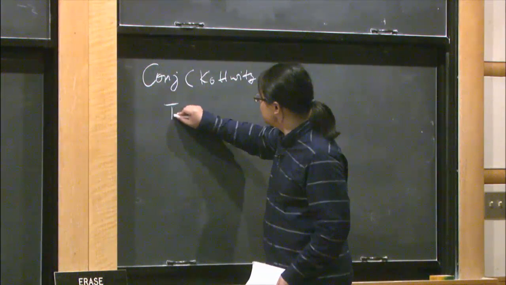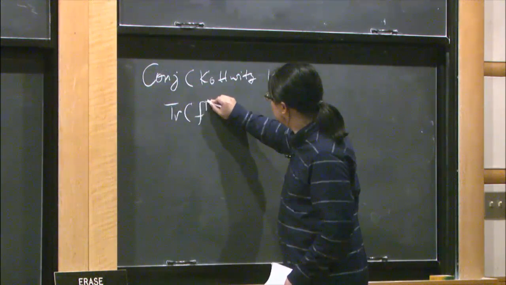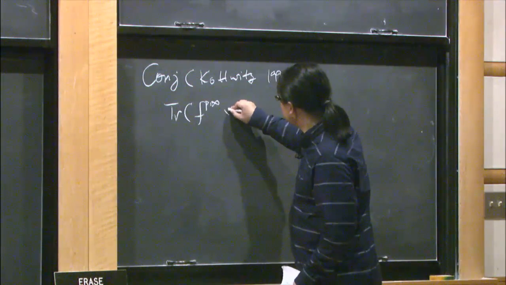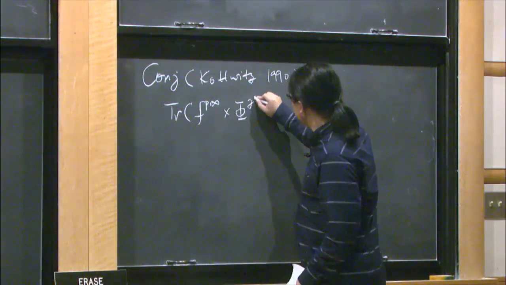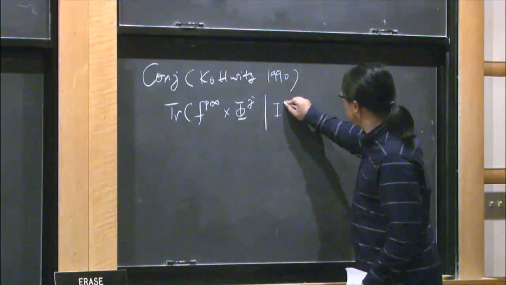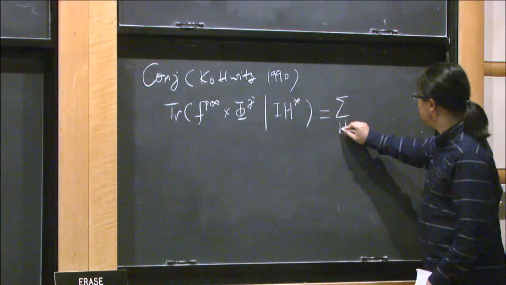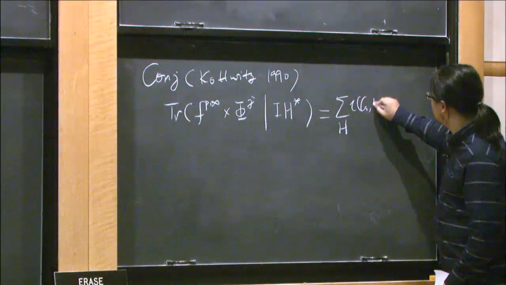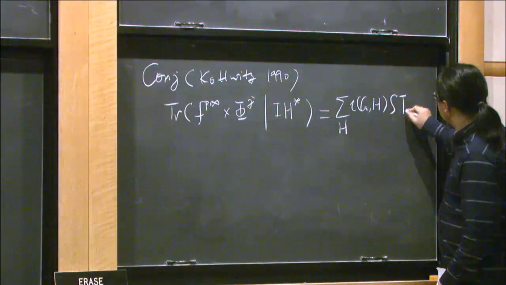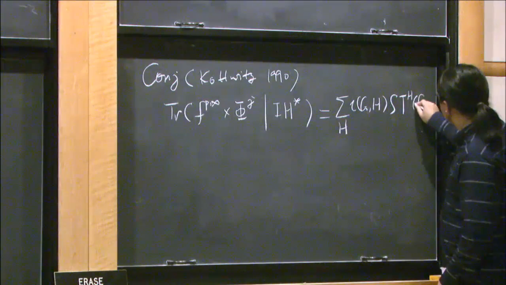So it says that the trace of f upper p infinity times phi to the j acting on IH star is equal to the sum over H of iota_{G,H} and ST upper H of f sub H.